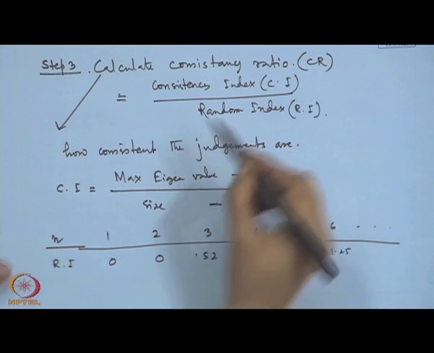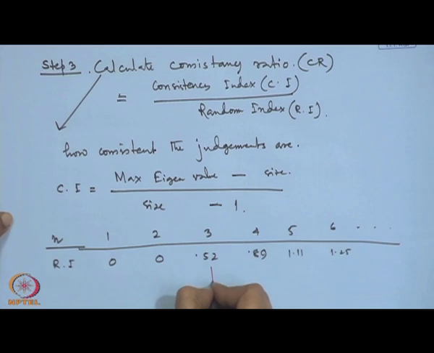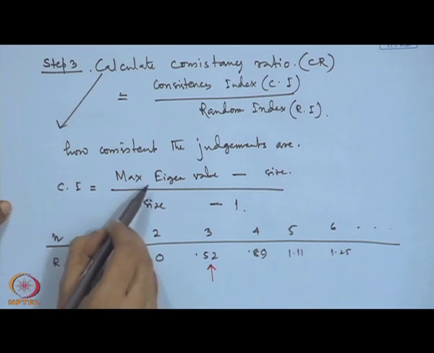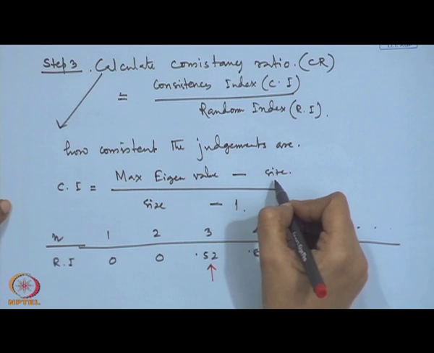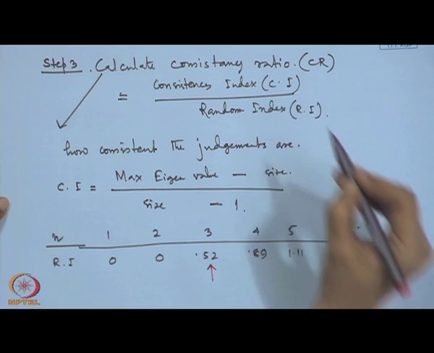Now, we are considering the consistency ratio for this problem. For the previous problem, the random index will come as 0.52 because the size of the matrix is 3 by 3. And we consider the maximum eigenvalue minus n divided by n minus 1, and accordingly the consistency index will be calculated.